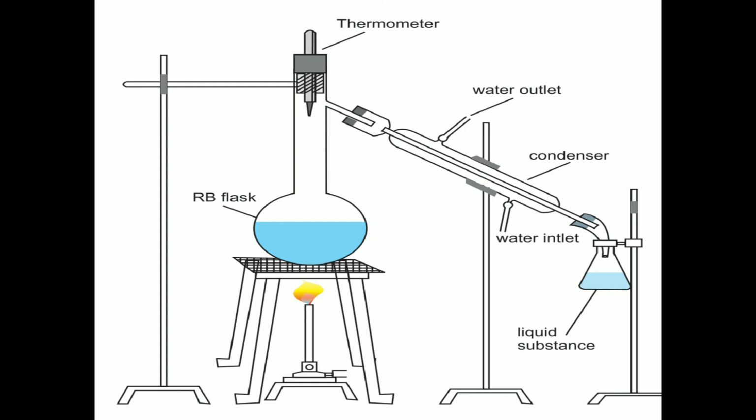Now this is the apparatus which is used for the process of simple distillation. It consists of a round bottom flask, the RB flask, and we heat that flask using this burner, due to which the liquid is converted into vapors.